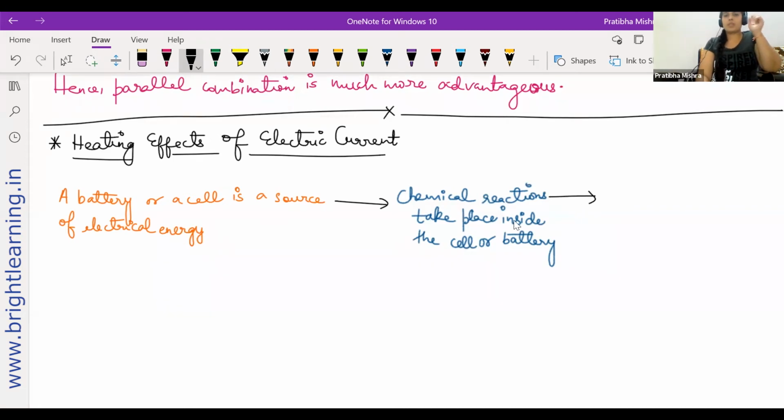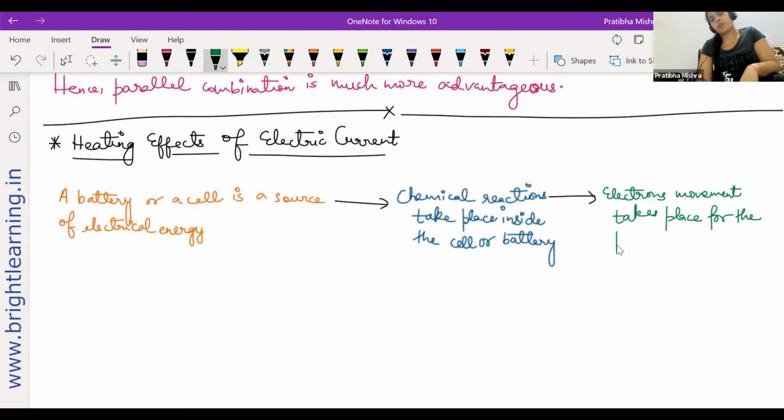Okay, so chemical reactions take place. Now after that, I'll use a different color. After this, what happens? The electrons' movement takes place for the production of what? Charge.